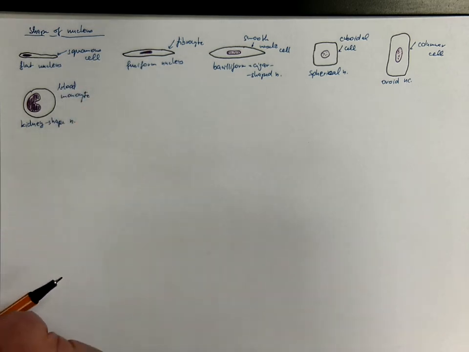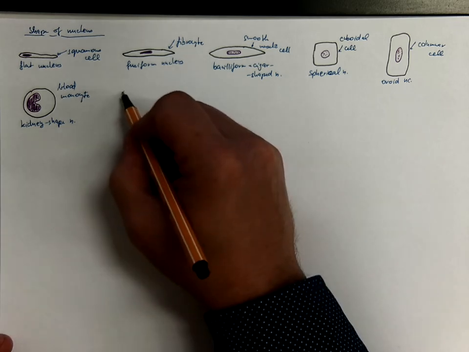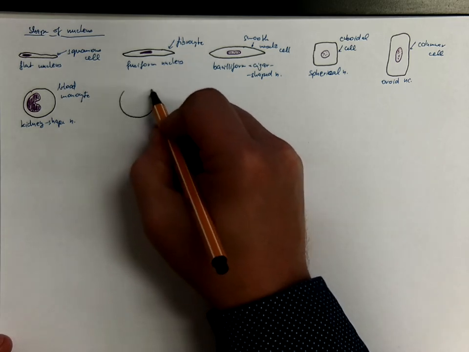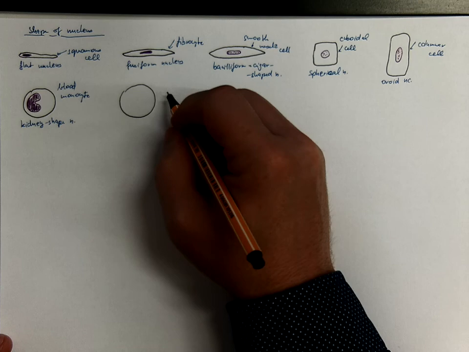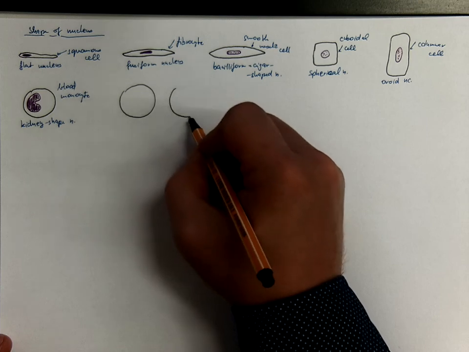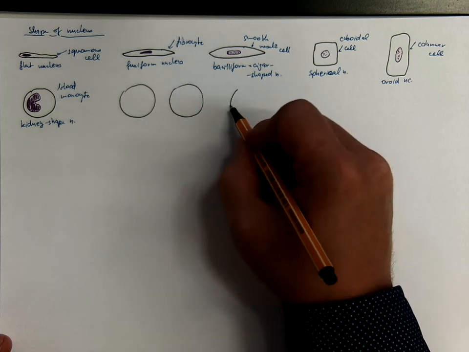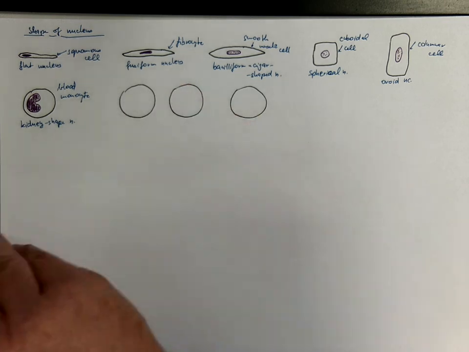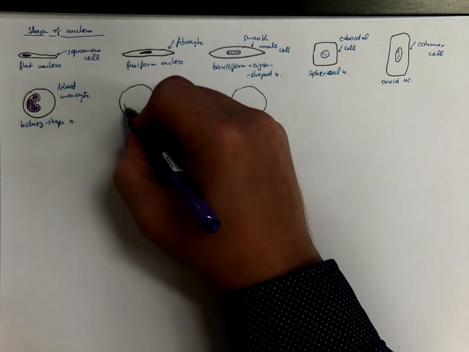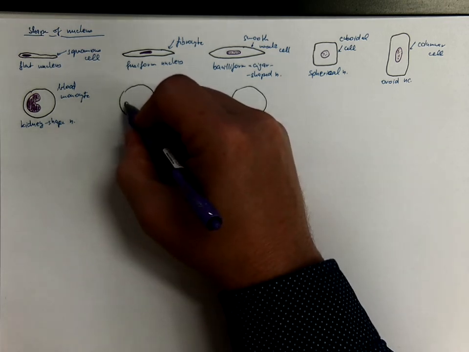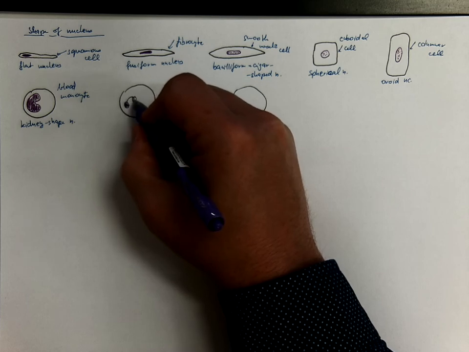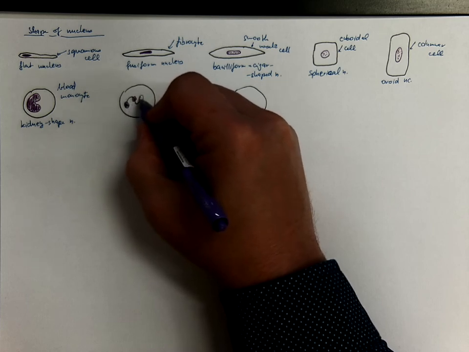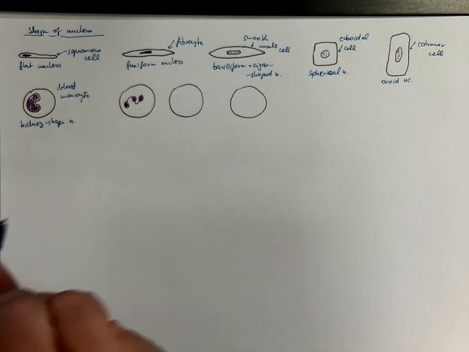While in other blood cells, the nucleus might be fragmented or divided into more lobes. So, for example, in neutrophilic granulocytes, the nuclear content is divided into more segments.